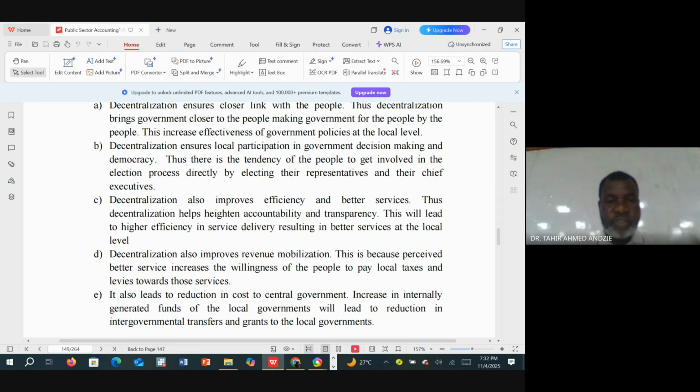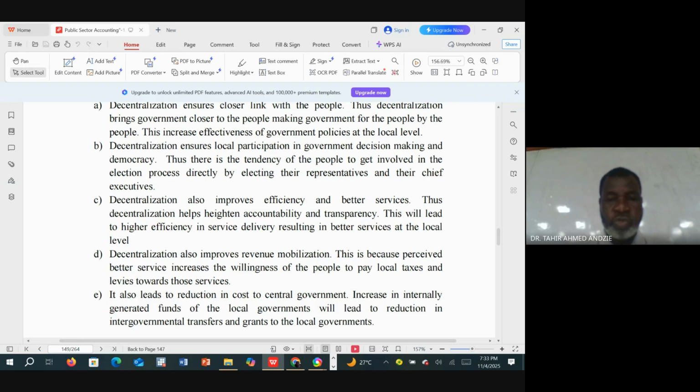So it ensures local participation in government decision making. Once you can go to the polling station at the local level to cast a vote, to elect the MP, to elect your assemblyman, to elect your unit committee member, all these things bring the government closer to the people, right?